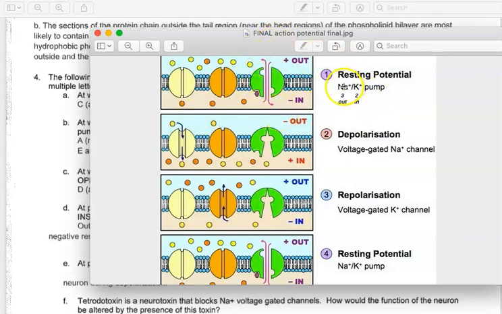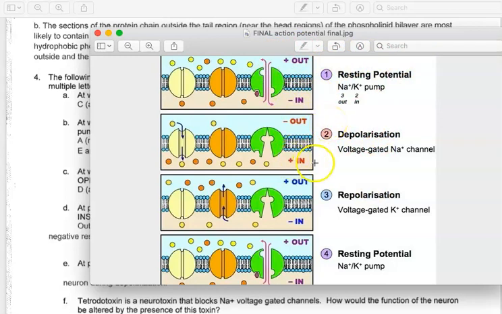And since both of them are positive ions, you are changing the charge between the outside and the inside, because you are sending more positive ions out than the amount of positive ions that you're sending in. So there's a difference of one positive ion. On the outside, there's going to be a more positive charge than on the inside, and that's just your resting potential.